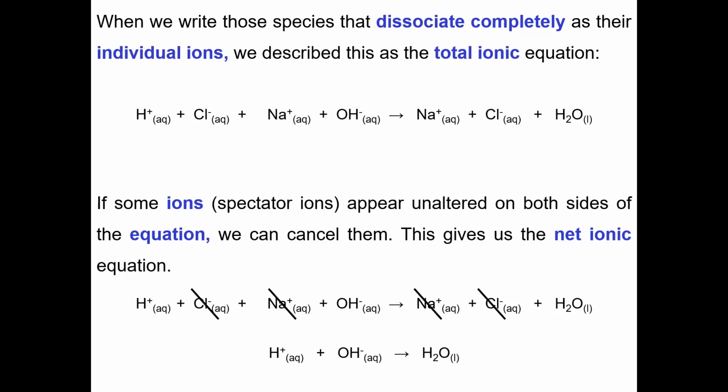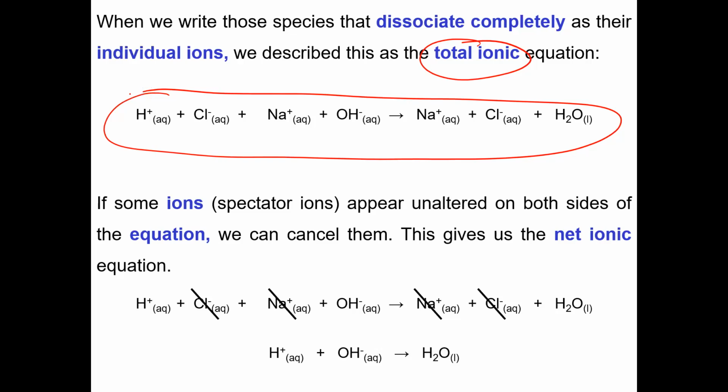So, as I mentioned, when we dissociate those things that dissociate completely into their component ions, we end up with what's referred to as the total ionic equation, or sometimes people call it the overall ionic equation, and it's going to look like this. Now, if you look closely here, you'll see that some ions appear in identical forms on both sides of our arrow.